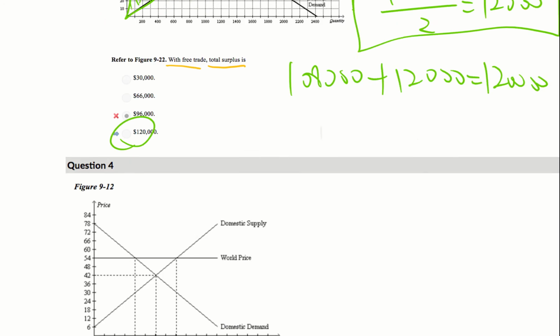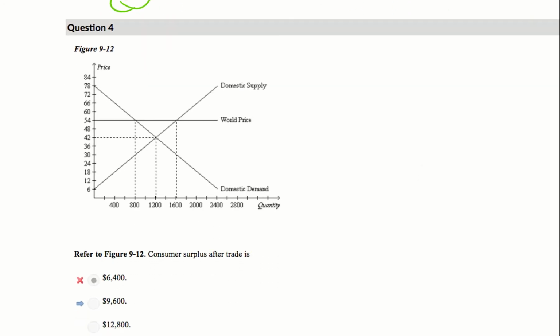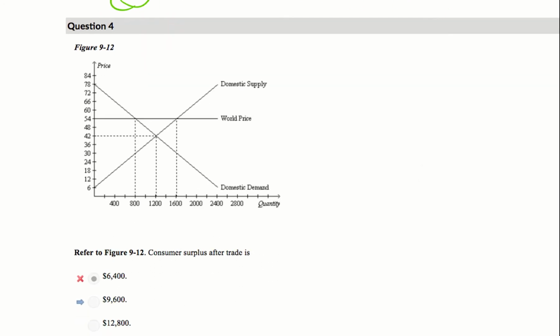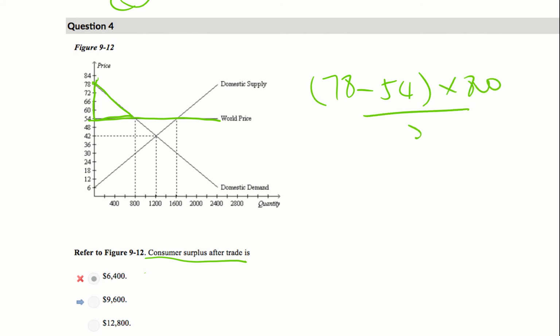Okay. All right, next. Consumer surplus after trade. So this is the world price. So consumer surplus will be a little triangle over here. That's your consumer surplus with trade. So the vertical difference will be from 78 to 54 times the horizontal difference of 800 divided by 2.